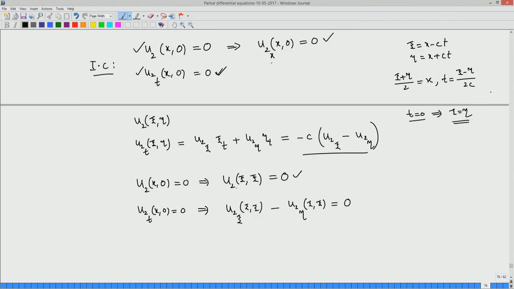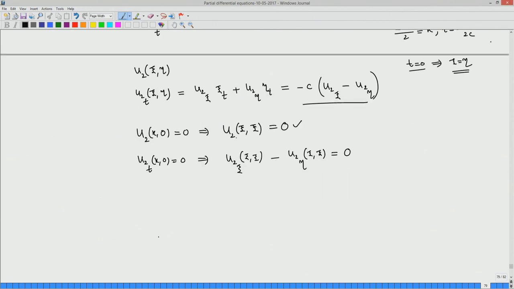Now, you also know u2x at x equal to 0. What is u2x? You do it the same way as u2t. The derivative u2x in terms of xi and eta is u2 xi times xi x plus u2 eta times eta x.